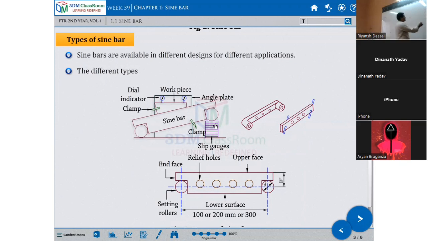In this case, this is the adjacent side, this is the opposite side, and this is the hypotenuse. Sine theta is defined as the opposite side upon the hypotenuse. You can say A upon the hypotenuse.